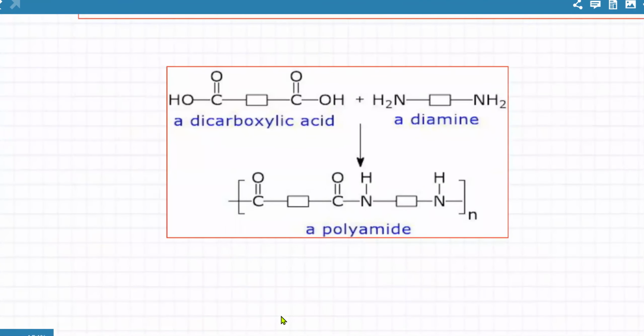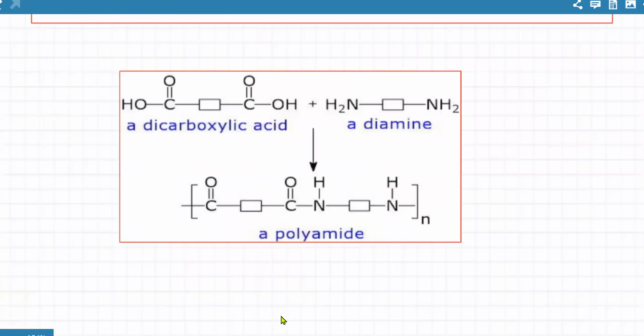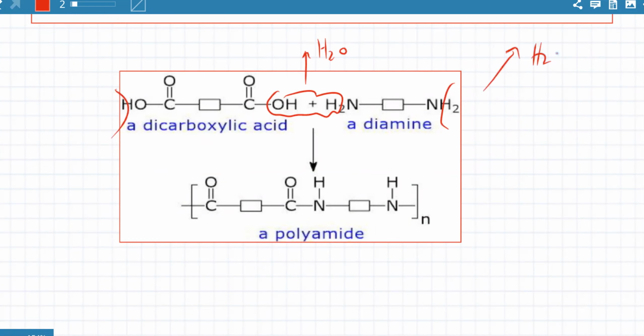So in this one, what's happening? What happens in condensation polymerization is you take two molecules, and the OH and the H are lost, and they produce a water molecule. The H and the OH from the sides also get lost, and they produce a water molecule. So once a polymer is formed, there would be two water molecules produced along with it.